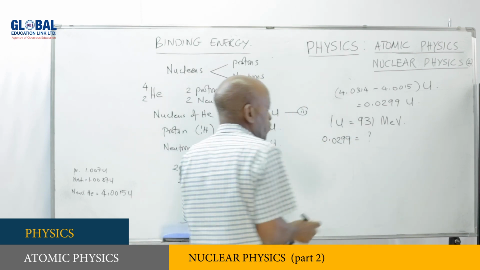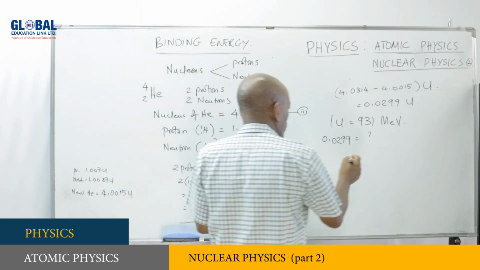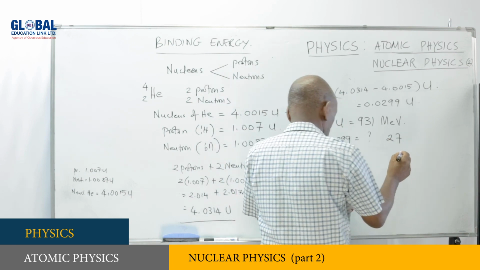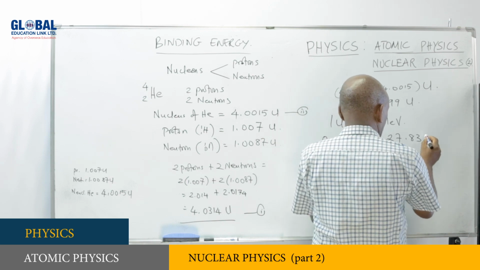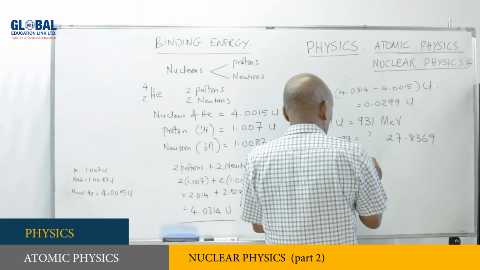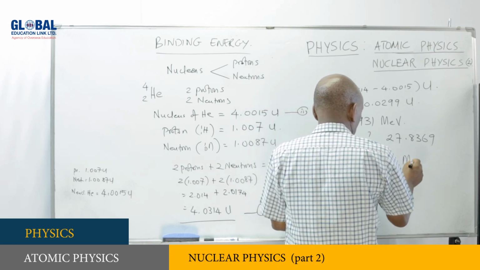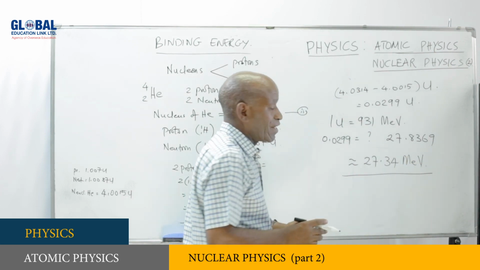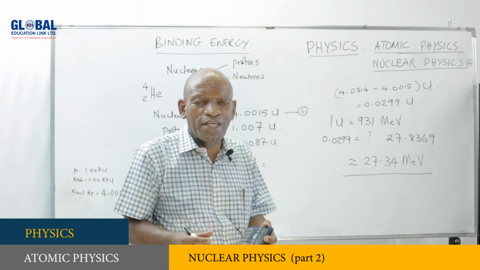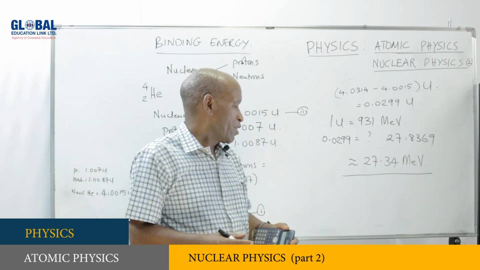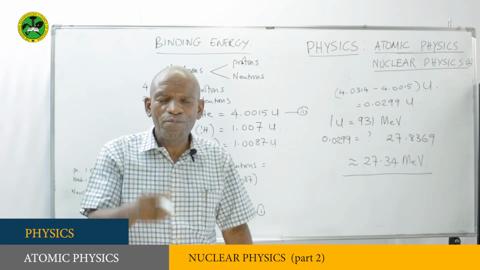So we just need to multiply there, which will be equal to 27.8369, or rather approximately 27.84 mega electron volt. And this is the energy which is really holding the nucleons of the helium together. And that is what we call the binding energy for the helium nucleus.